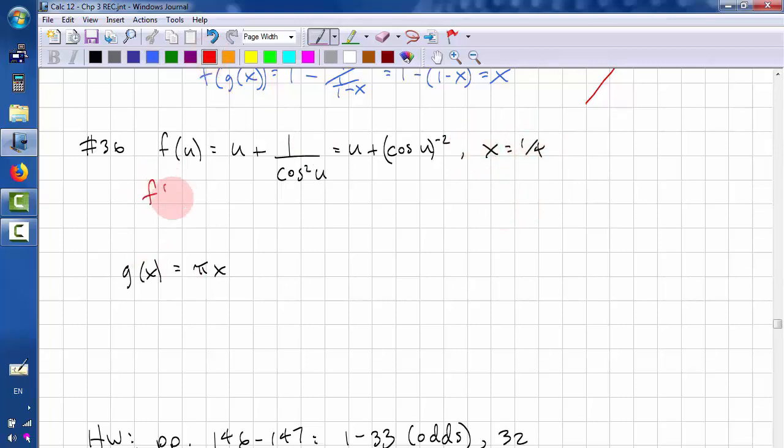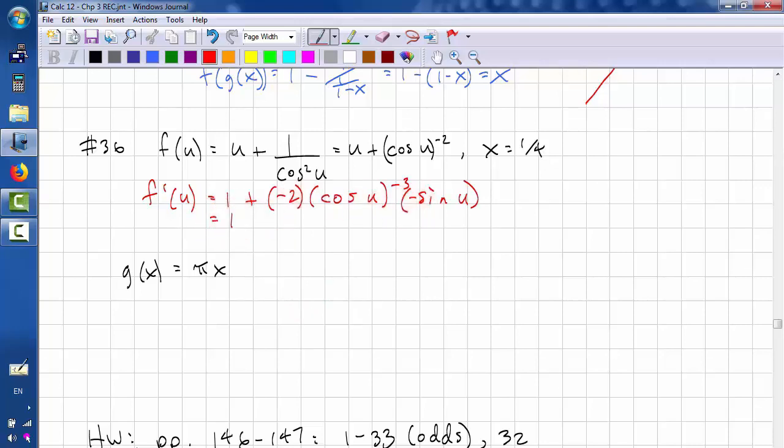So f prime of u equals 1 plus. So we're going to use the power chain rule. This is negative 2. And then we have cos u to the power of negative 3, because we need to decrease the exponent by 1. Now we need the derivative of this, and that's negative sine u. And then let's simplify this. 1.